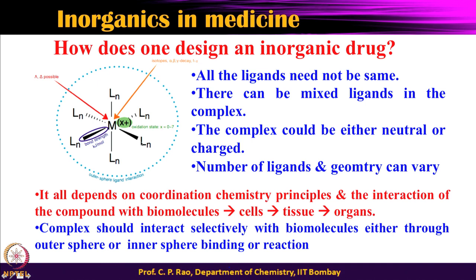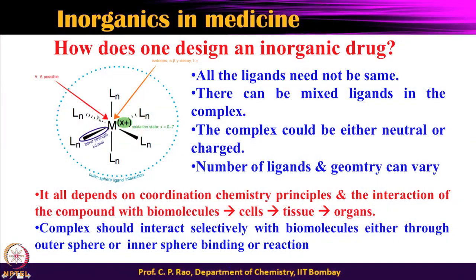So, it is as wide as the organic drugs, where people do derivatization on the aromatic rings, derivatization using nitrogen ligands, phosphorus ligands, sulfur ligands, oxygen ligands, etc. Similarly, you can complex with various kinds of ligands. Ligands can also be active; you can use non-active ligands or active ligands, all of this is possible.